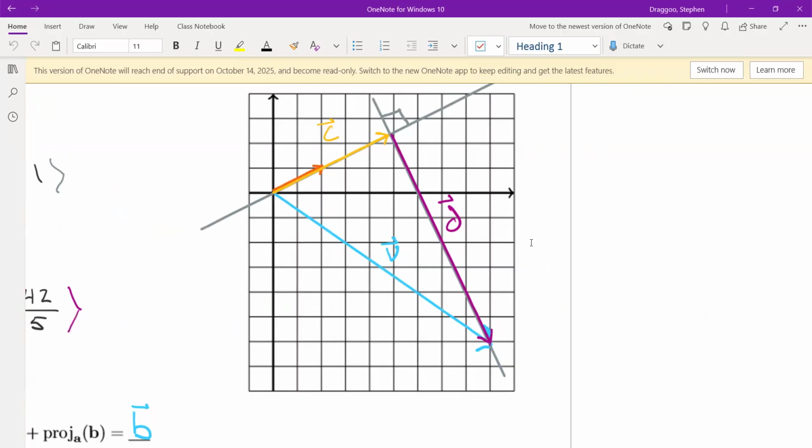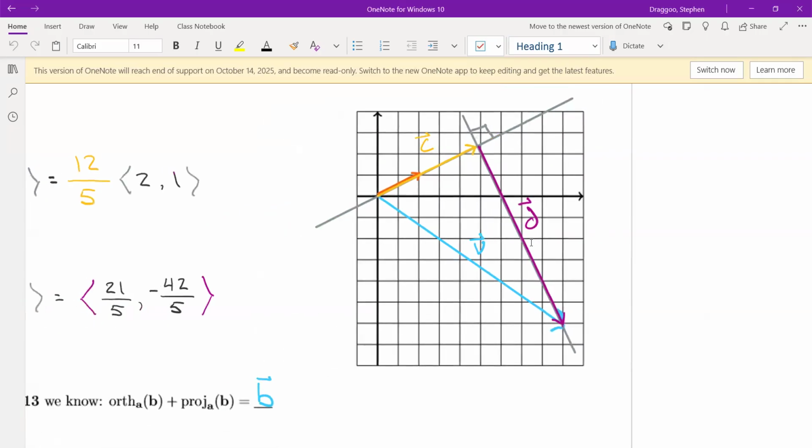The orthogonal projection is the part that's left over that completes the triangle, that magenta line. We call it the orthogonal projection because it's orthogonal, or perpendicular, to the vector I was comparing to. So the vector I'm projecting onto, my orthogonal projection should be orthogonal to it.